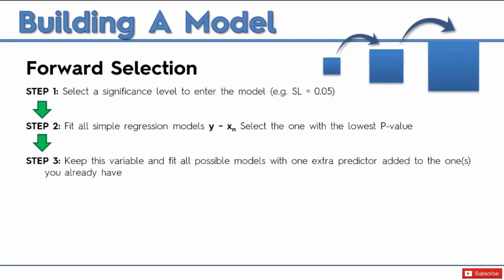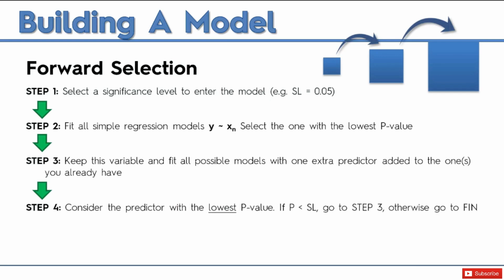So what do we do after that? Out of all of these possible two variable regressions, we consider the one where the new variable that we added had the lowest p-value. If that p-value is less than our significance level, meaning that that variable is a good one, a significant variable, then we move back to step three.